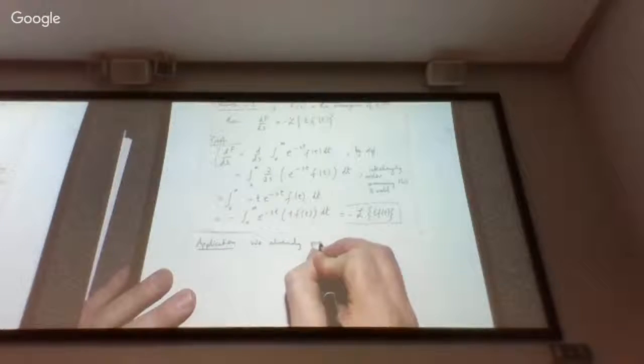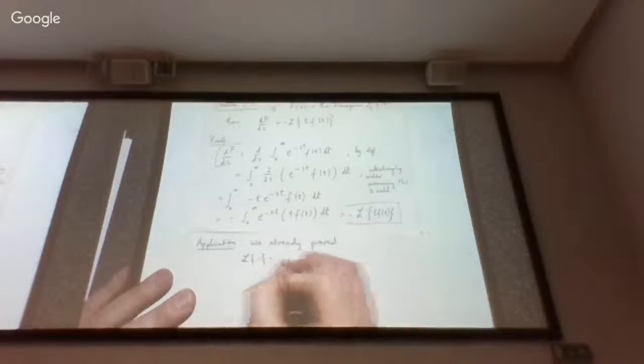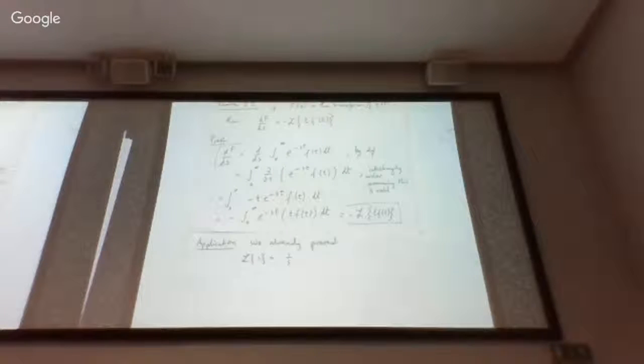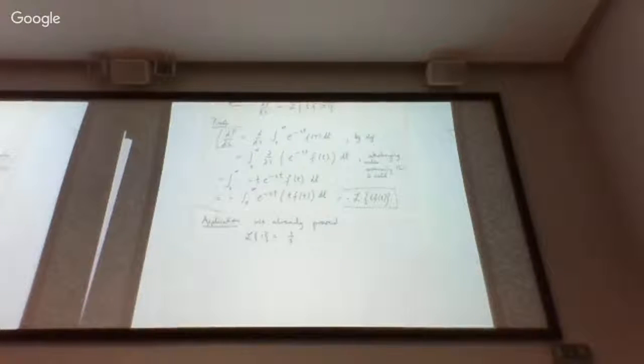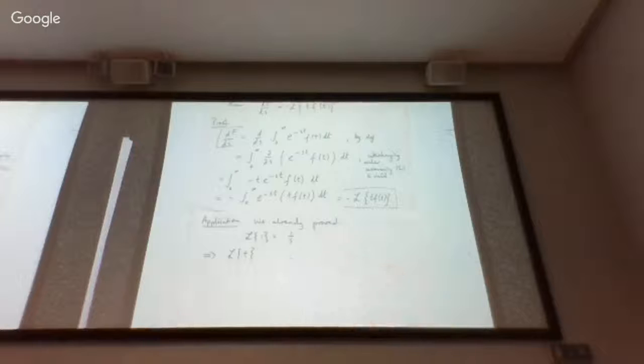We already proved that the Laplace transform of the constant function 1 is 1 over s. Well, that implies that the Laplace transform of t, you can consider t as just t times the constant function 1.